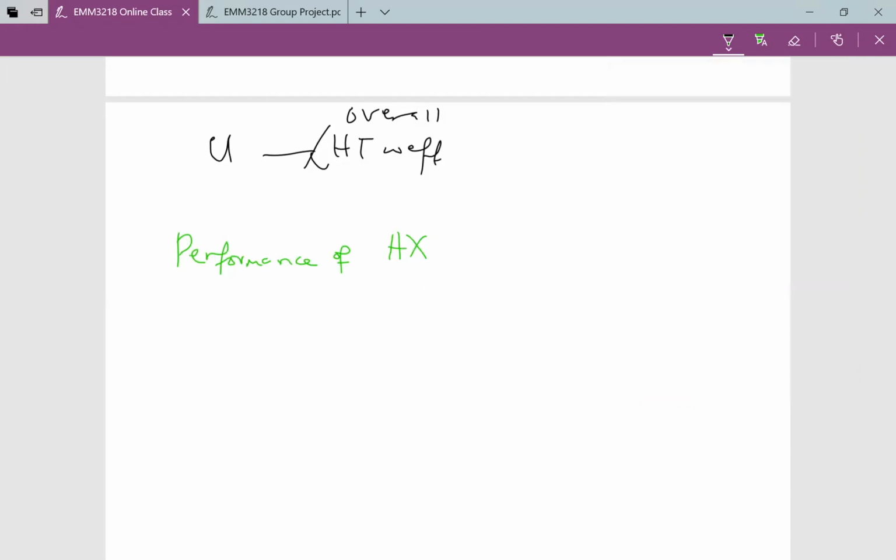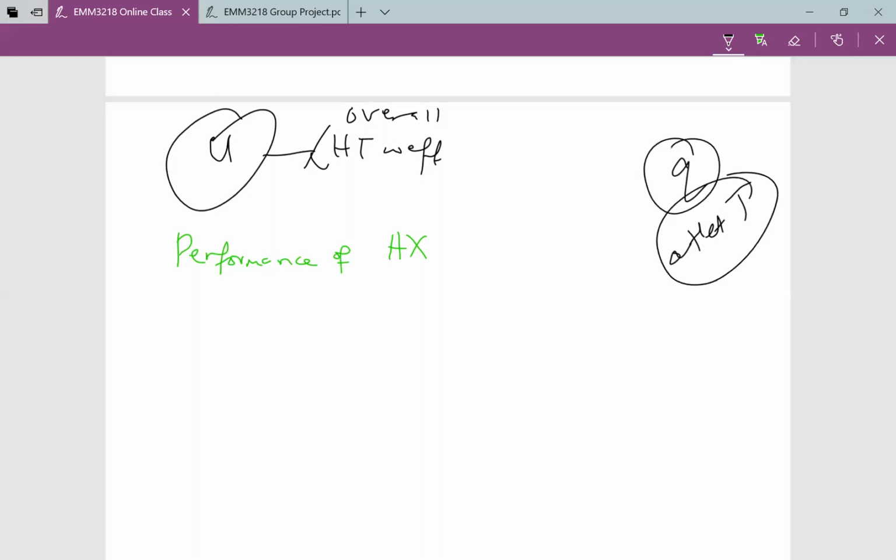Then it's about the outlet temperature of the cold fluid, and how much heat is gained from the hotter fluid. Things like Q and the outlet temperatures. So it's a bit different from U. Sometimes we need U in order to get these quantities, so it's related. But if we analyze a heat exchanger, just looking at U is not enough, because we also need to look at other quantities like Q and the outlet temperatures.